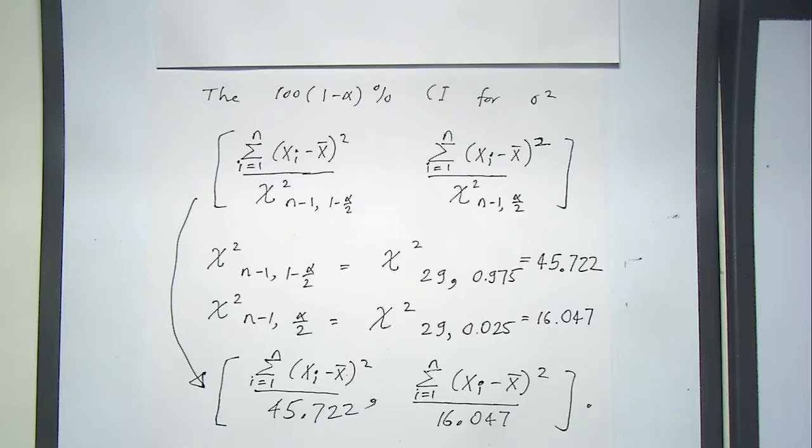This question here, by finding the confidence interval for sigma squared, I just used the formula that I gave you last week. You guys okay with that? Can you do question 3, please? Now, question 3.